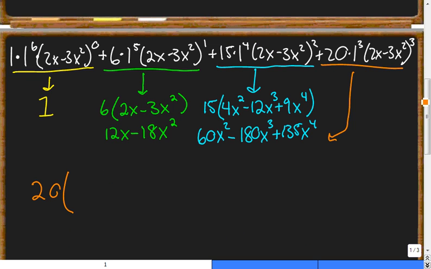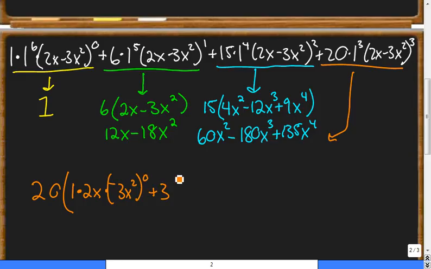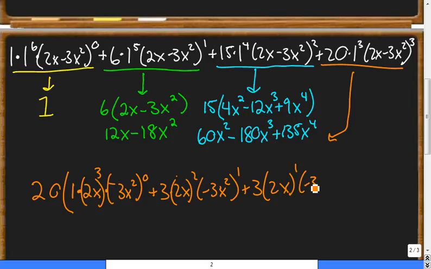So we've got 1 times 2x cubed times negative 3x squared to the 0, plus 3 times 2x squared times negative 3x squared to the first, plus 3 times 2x to the first times negative 3x squared squared, and then finally plus 1 times 2x to the 0 times negative 3x squared cubed.